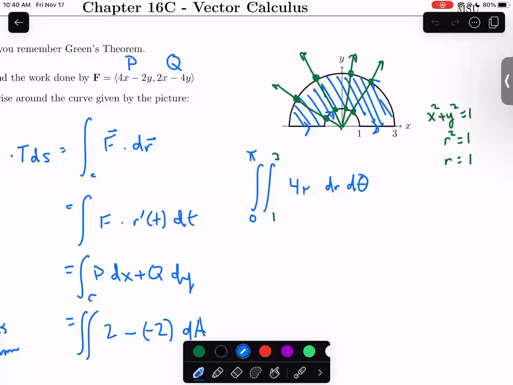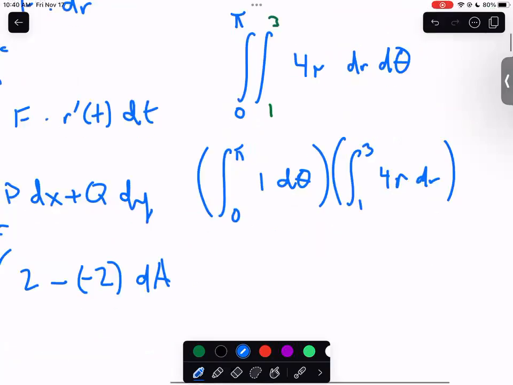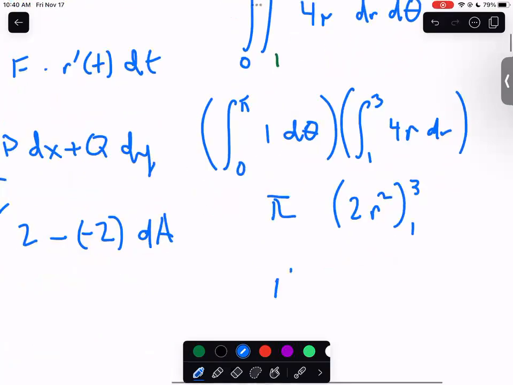I noticed that I do have nice constants for my bounds, so I could go ahead and evaluate my theta integral separately and my r integral separately if you'd like to. In which case my theta integral is just going to give me pi. And let's see, I'm going to have 2r squared, and I need to evaluate that from 1 to 3.